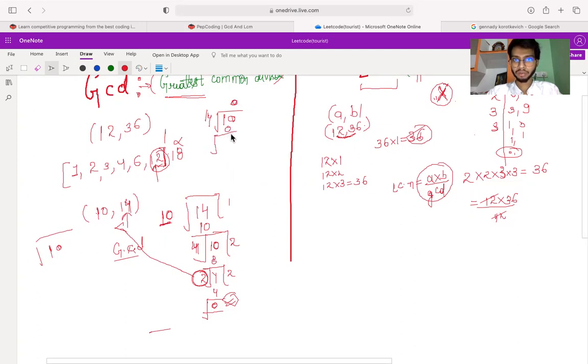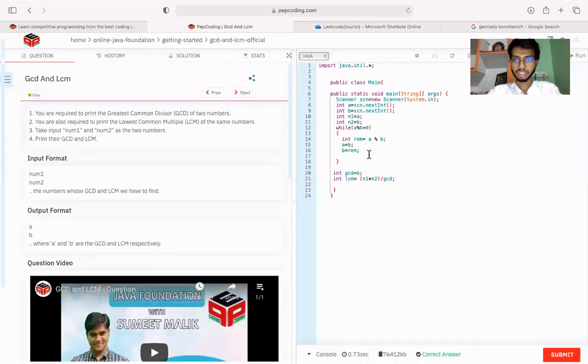Your remainder will be equal to 10. Now the remainder will become your divisor and the previous divisor will become your dividend. So we get the normal situation again. So we need not worry about this, it is going to be done automatically. So I hope I have done all the parts carefully.